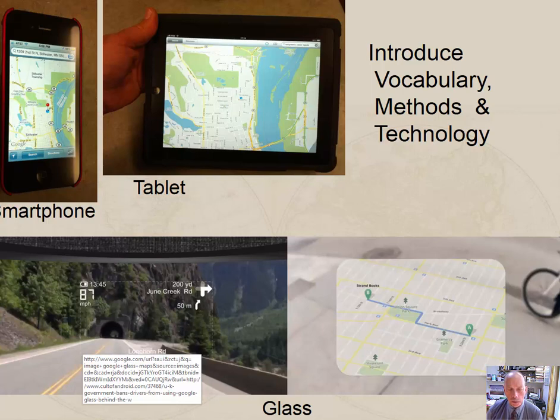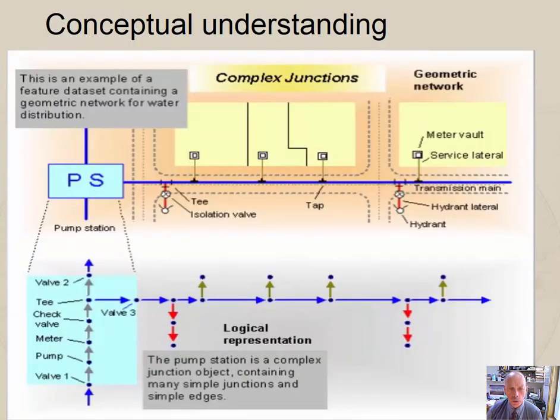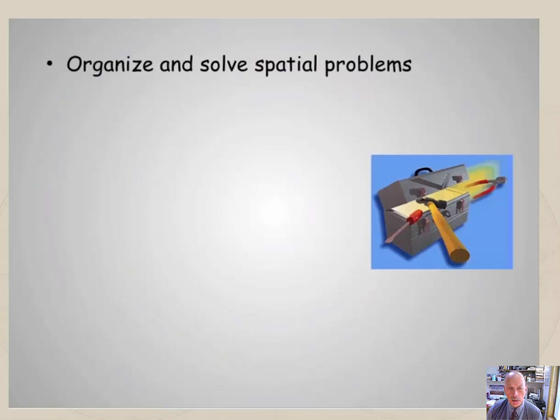People now, especially our students, are being exposed to a lot more spatial data because of the mobile technology. But what we're trying to do in the class is to help you develop a conceptual understanding of spatial data and spatial analysis, and help you develop and use a toolkit to organize and solve spatial problems.